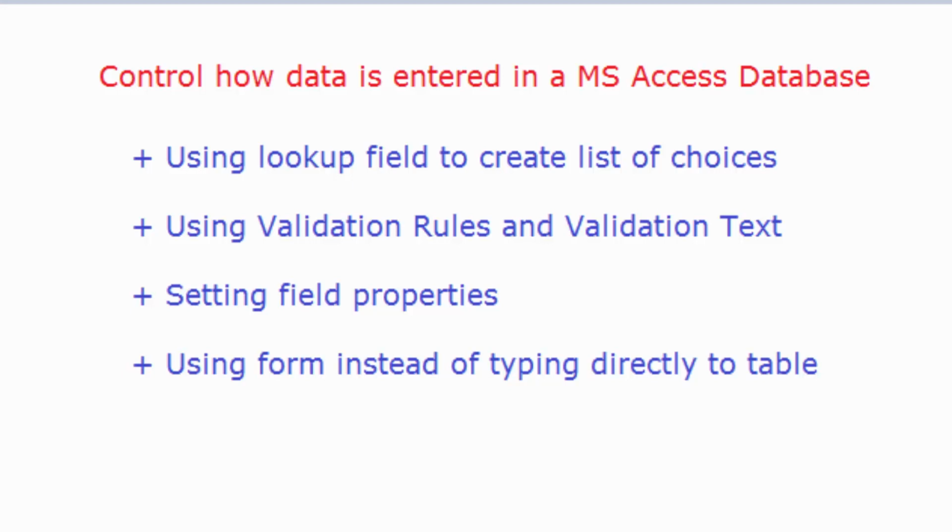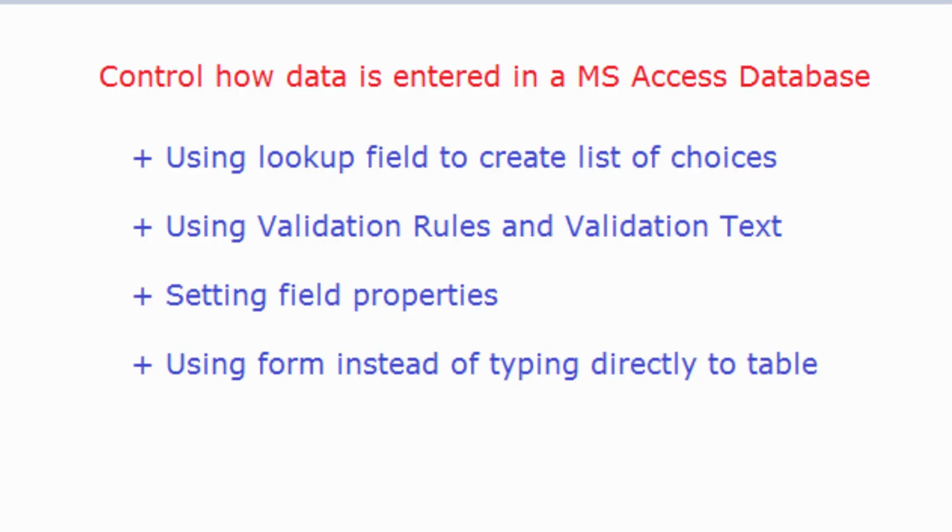Today I want to show you how we can control how data is being entered into an MS Access database. There are times when, if you don't control how users enter information in the database, you will end up with a lot of invalid data being fed.